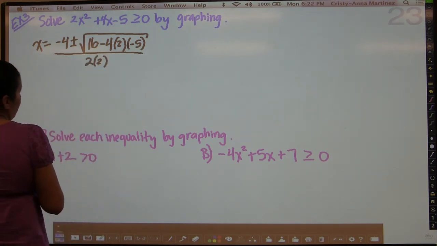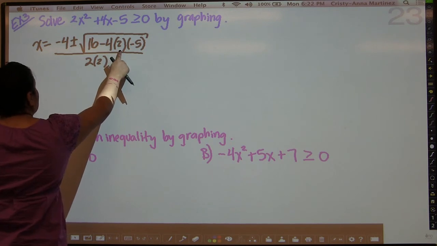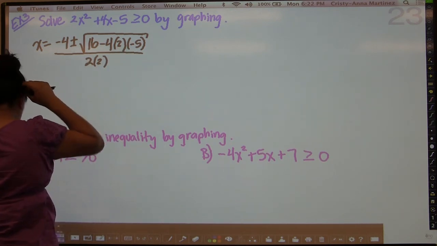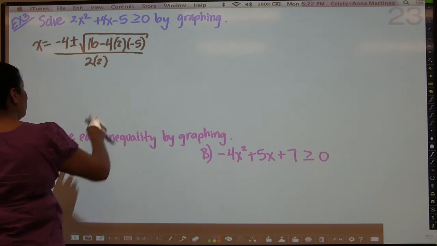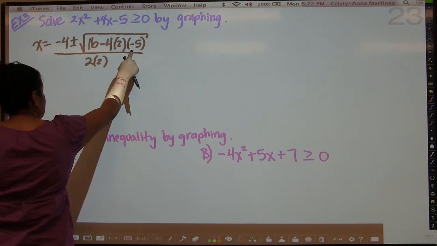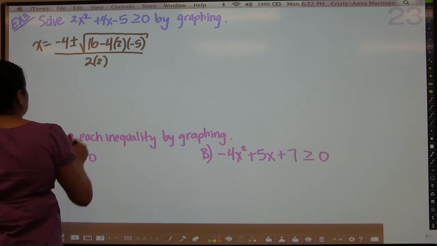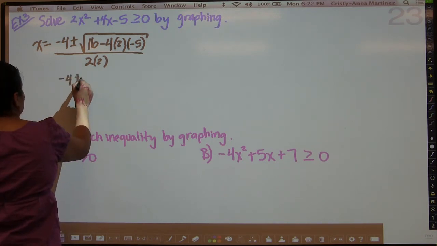So I get 4 times 2 is 8, and 8 times 5 is 40. And since these are both negative, that's a plus 40. So 40 plus 16 is 56.